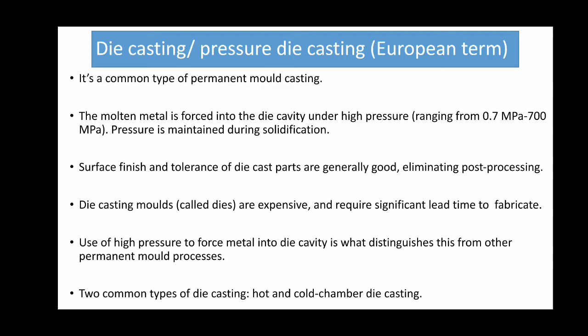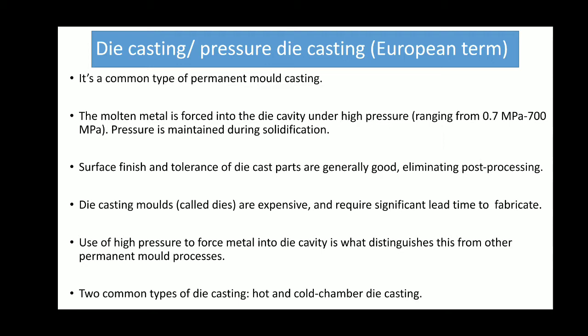In die casting, which is a kind of permanent type of casting process, the surface finish as well as the tolerance of the die cast parts are generally very good, and in most cases they don't require post processing operations. These die casting molds we also call dies. These dies are nothing but the molds we talk about in normal casting processes.